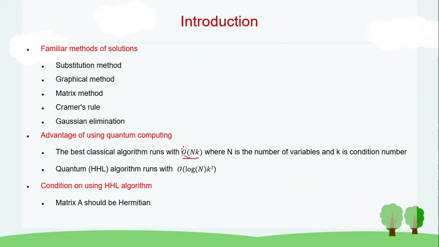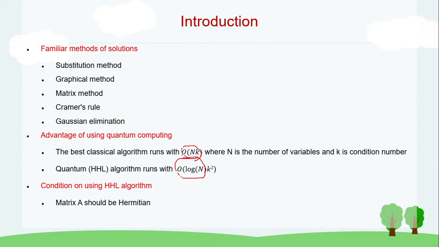The most important thing I want to convey here is that the classical algorithm is a function of n, whereas the quantum algorithm is a function of log n. So you know the benefit. We are able to do it with a much smaller number of steps, right?